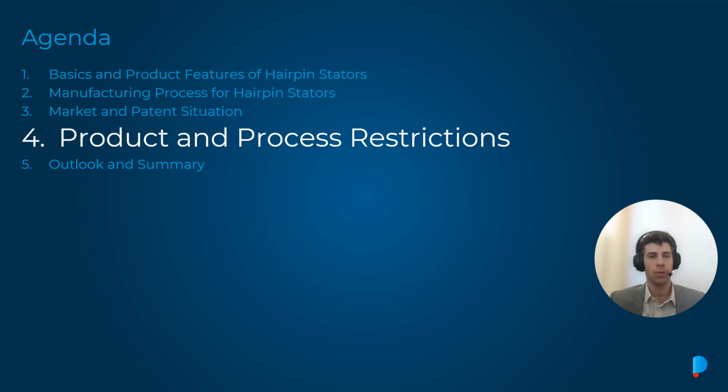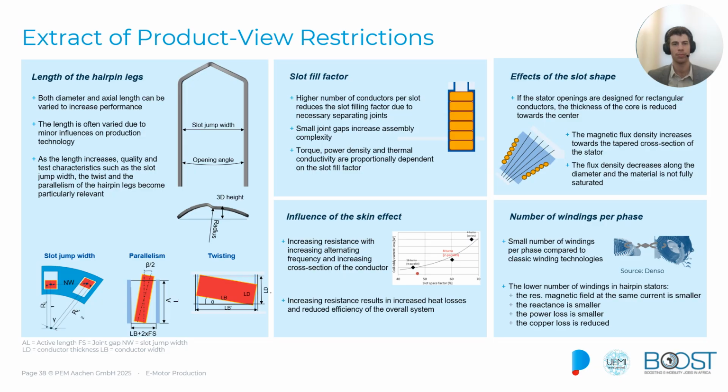In Chapter 4, we take a closer look at the product and process restrictions. We see some product restrictions with the hairpin technology. For example, the length of the hairpin legs can cause restrictions such as difficulty in fitting into the stator slots if they are too long or too short.